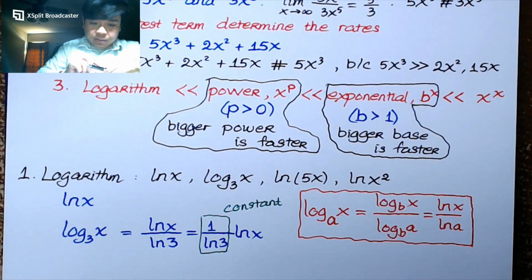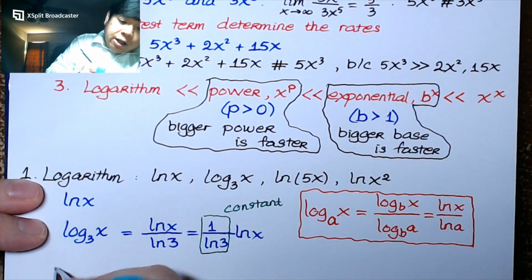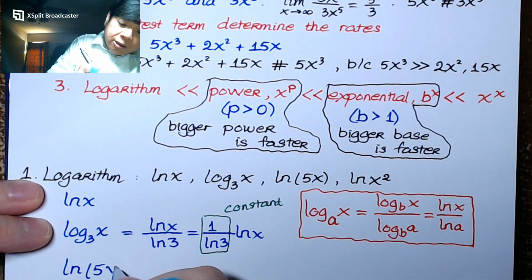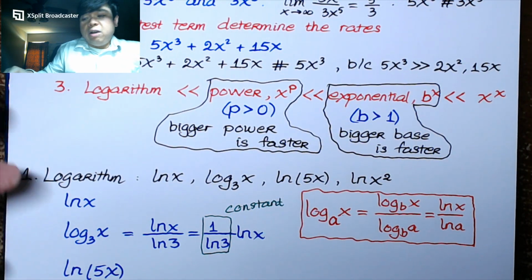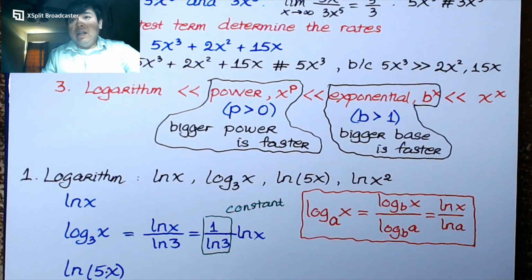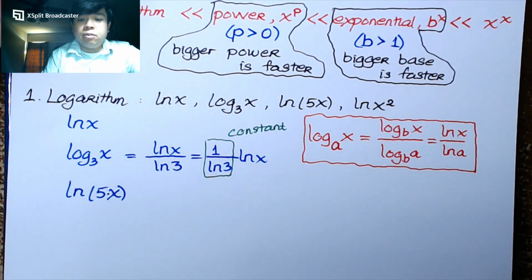How about this? ln of 5x. So this will have a product. And for the log, we have 3 properties of the product as follows.